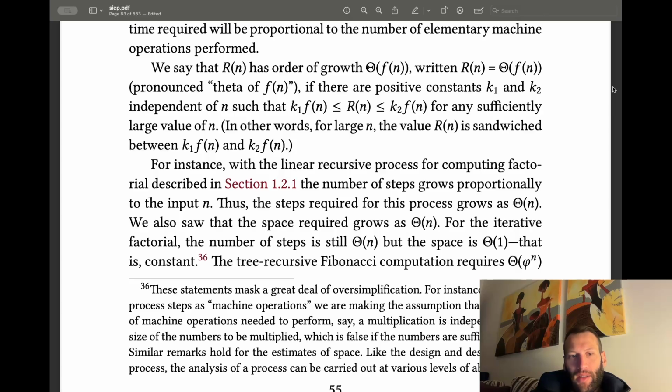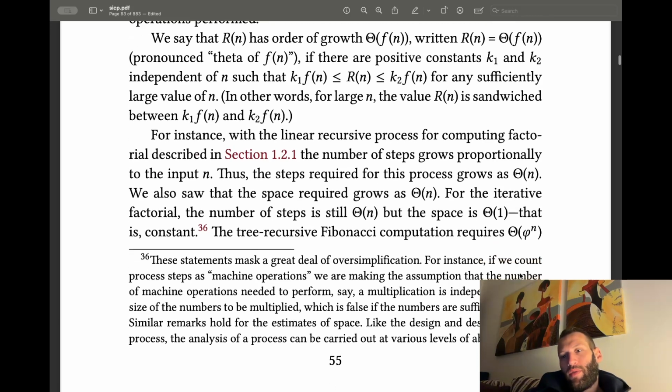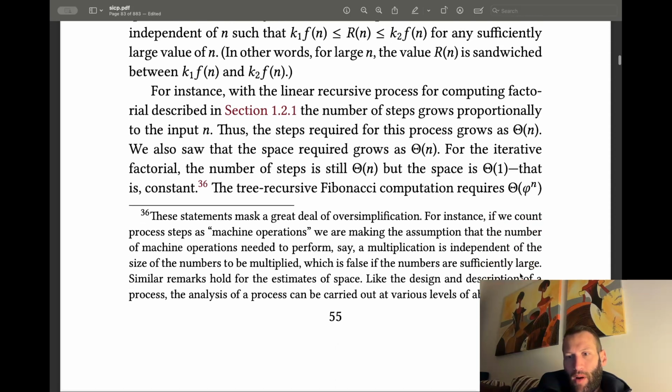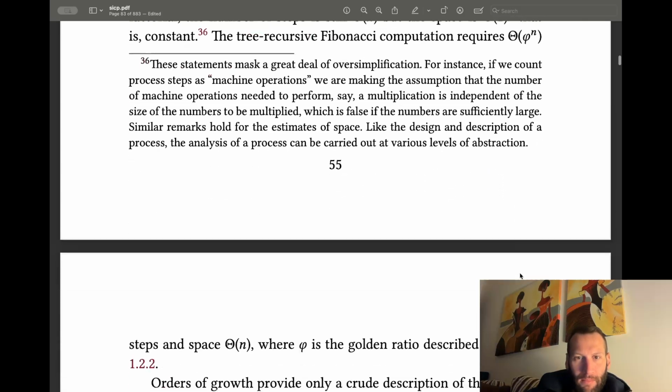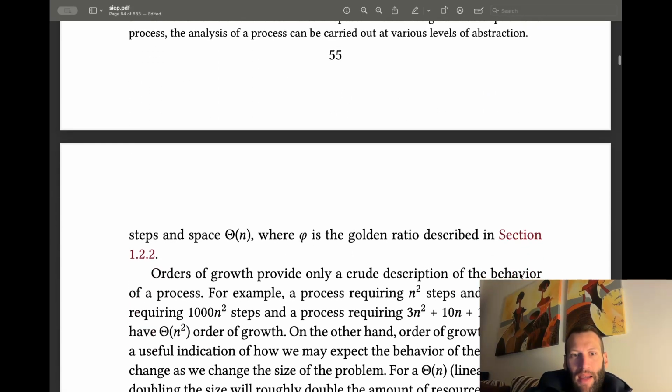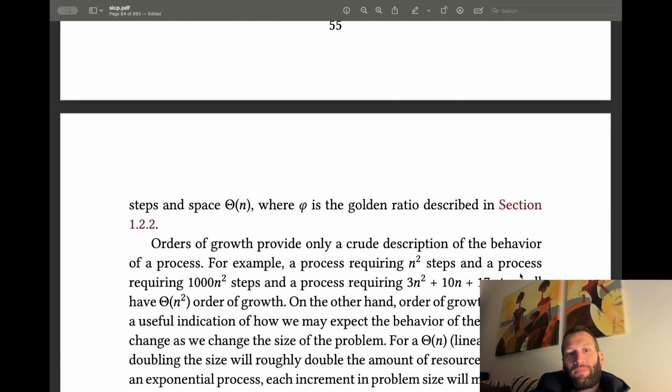That is constant. Yes. The tree-recursive Fibonacci computation requires Θ(phi to the power of n) steps and linear space, so Θ(n), where phi is the golden ratio described before.